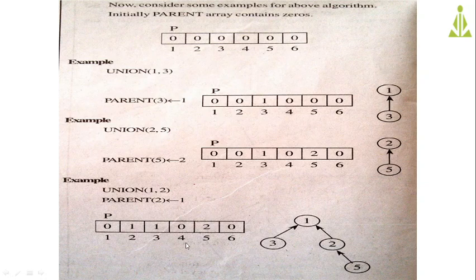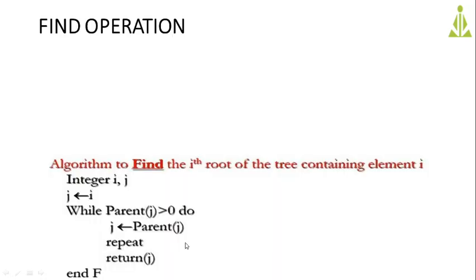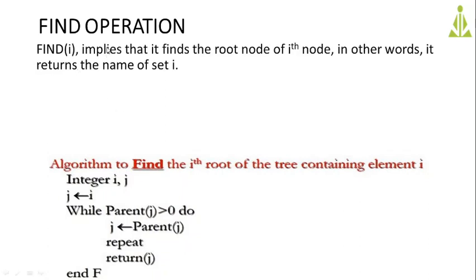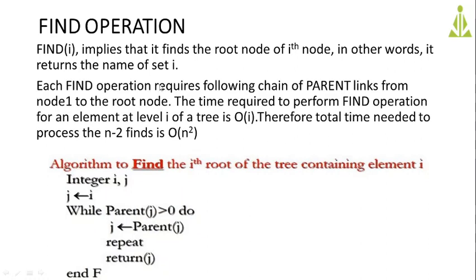Okay, next, the find operation. The find operation finds the root node of the ith node; in other words, it returns the name of the set containing i. Each find operation requires following a chain of parent links from node i to the root node.